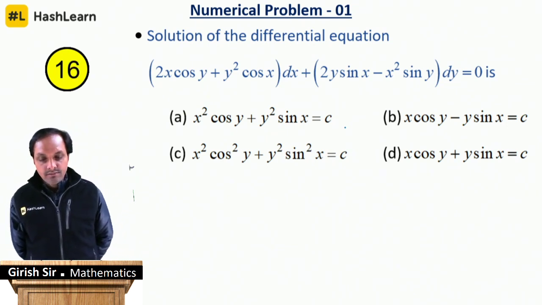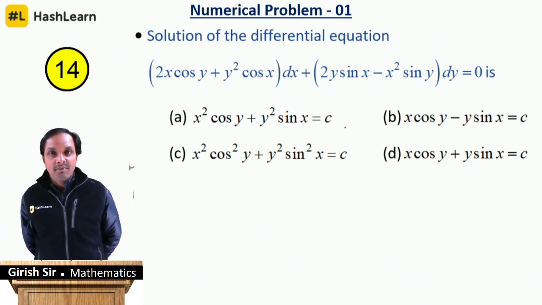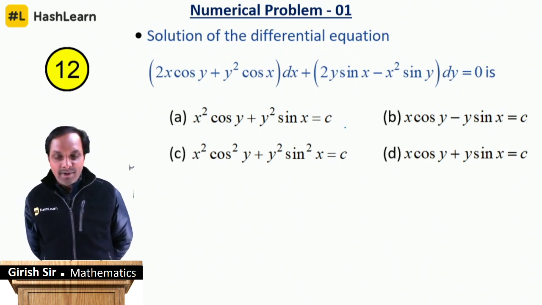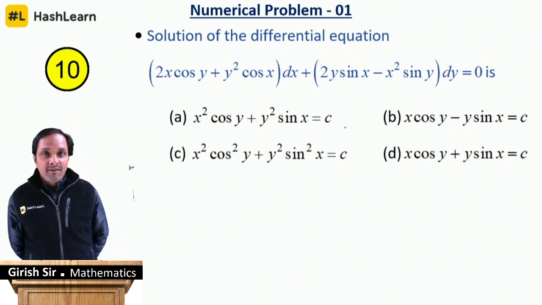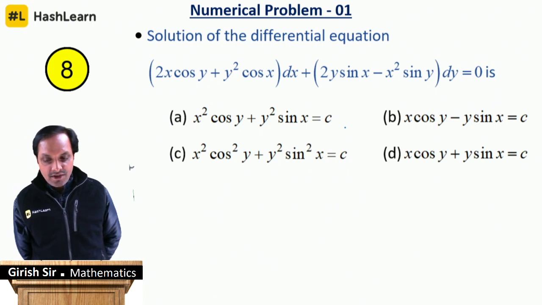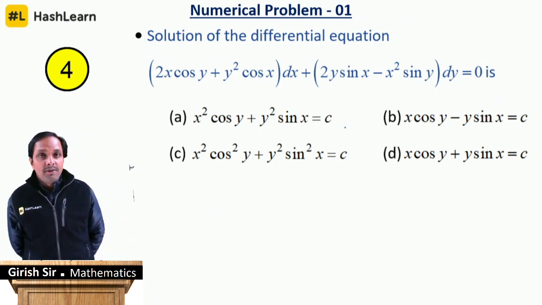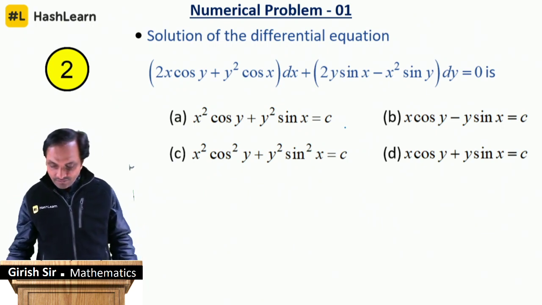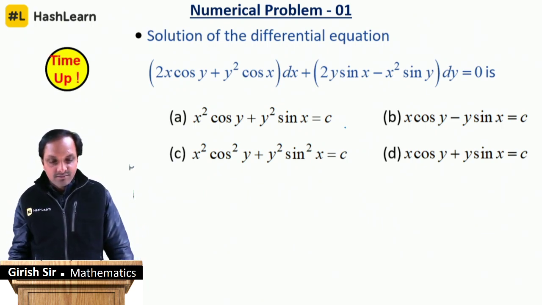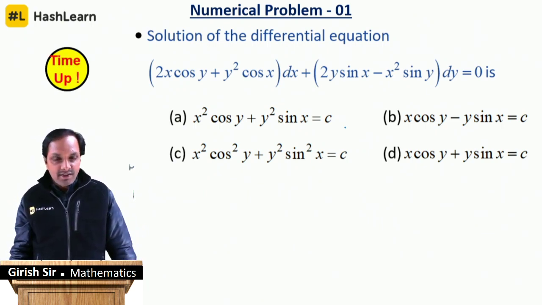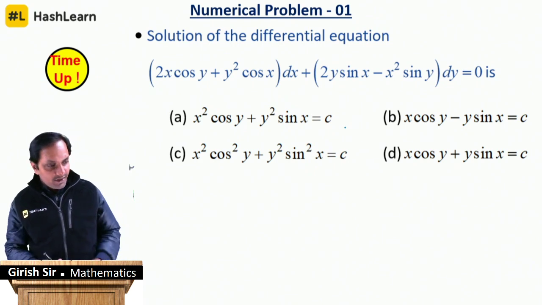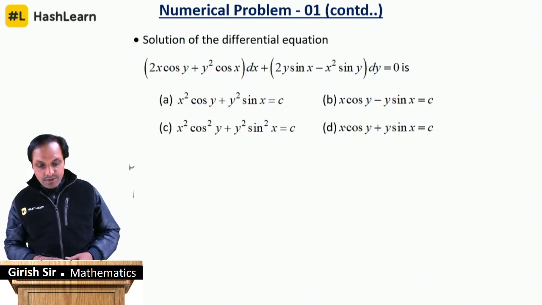Differentiate the options is one method, and try to separate the variables you have in the differential equation, that is the second method. Five more seconds left, guys. Your time is up. Okay, let us see now how to do this.